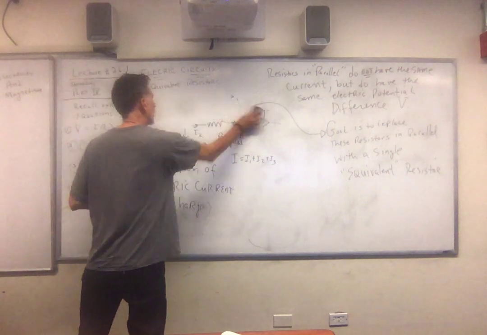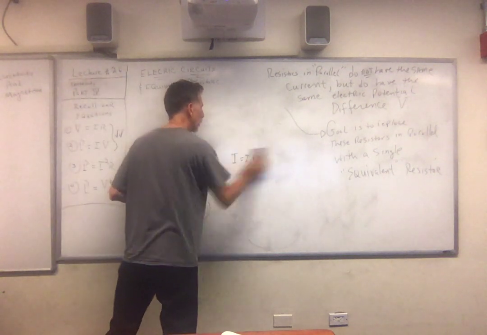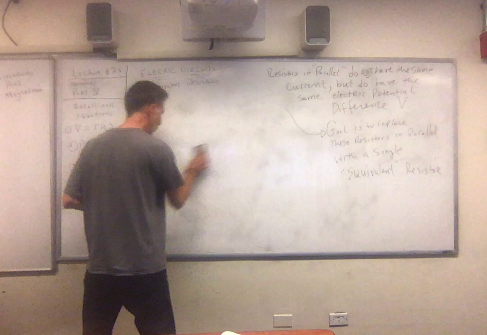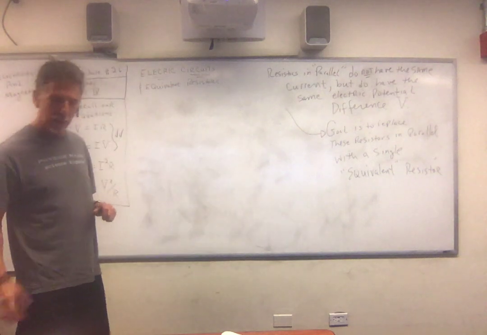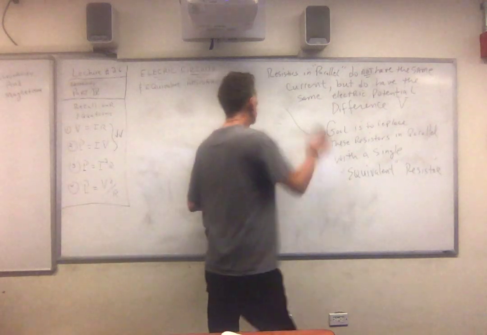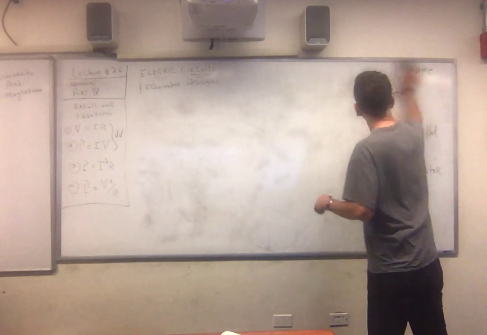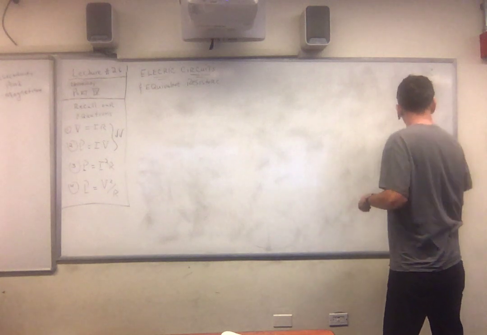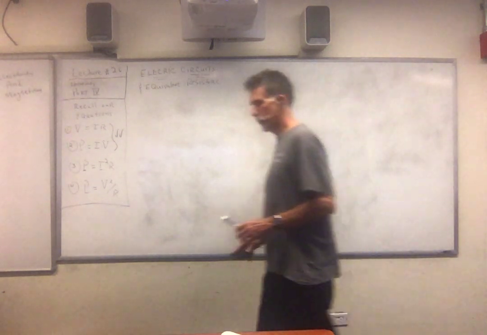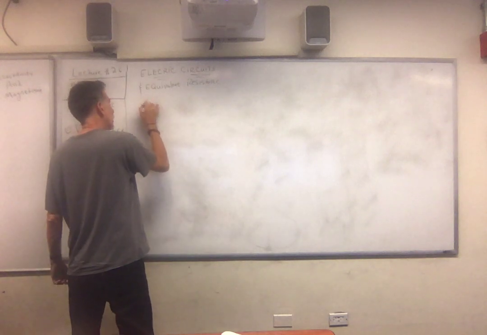So let's look. Let's write the mathematical relation for resistors in parallel. I will do a very simple example, and then I'll do a slightly more difficult problem. So here's the equivalent resistance parallel.